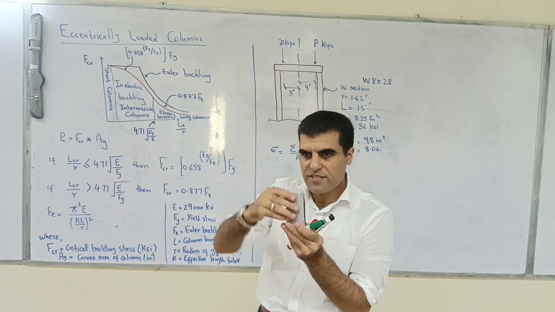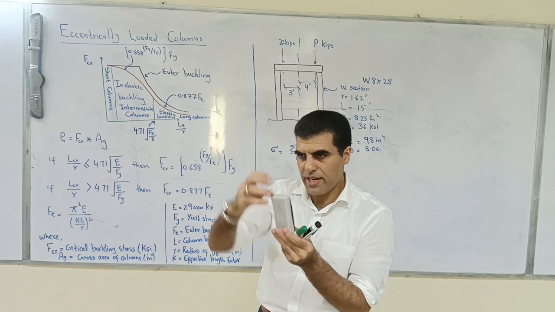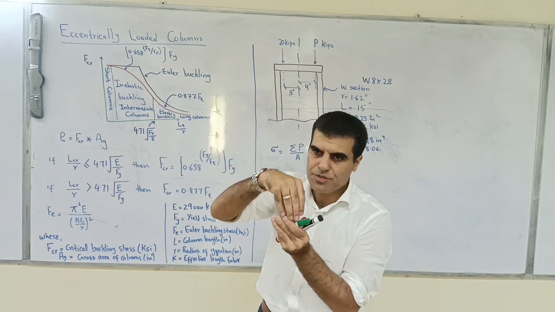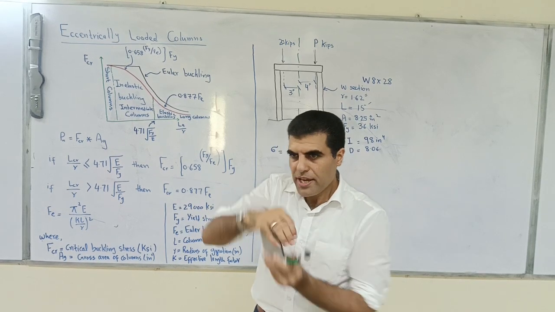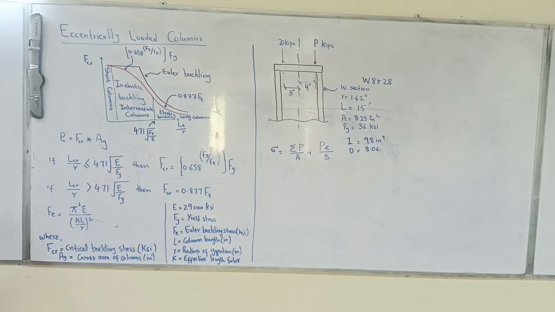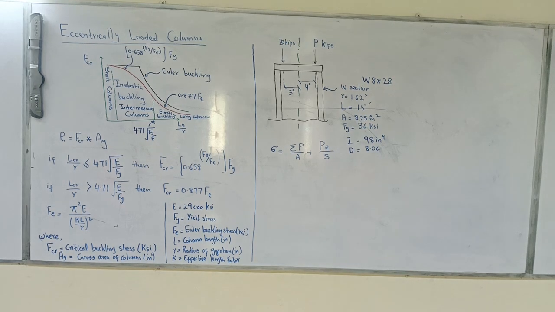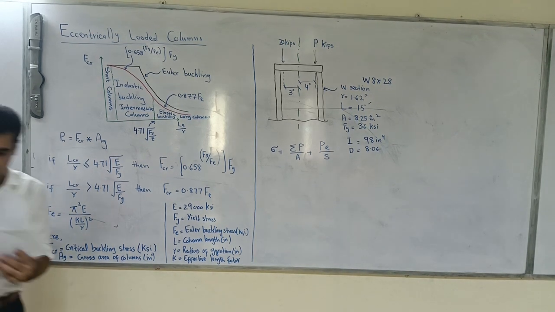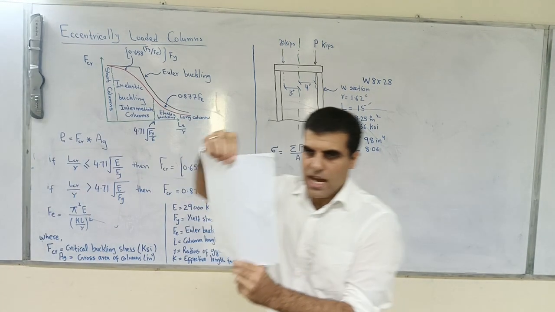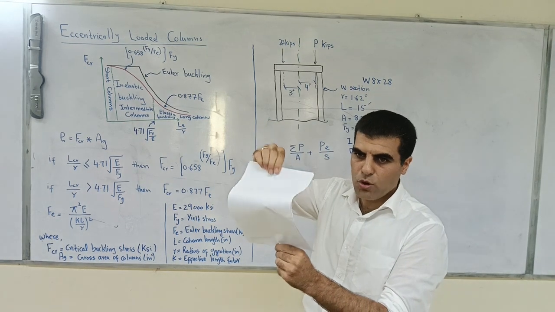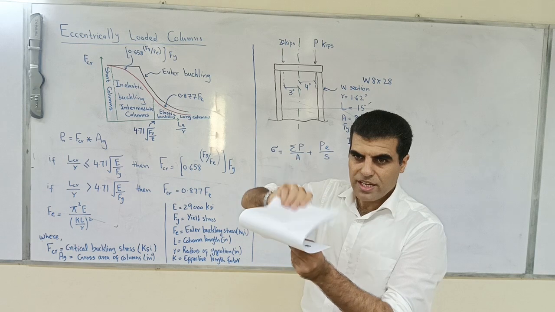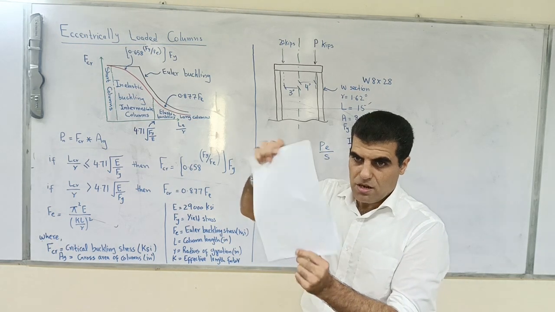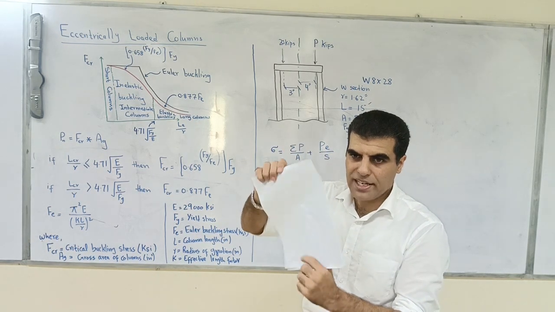It will actually crush. If I keep on increasing the load, it will crush. The example of buckling is like if I've got a member like this. In this case, when I apply the load, it doesn't get crushed, it buckles, it bulges out. This is what's called buckling.